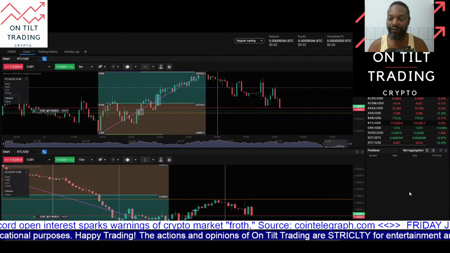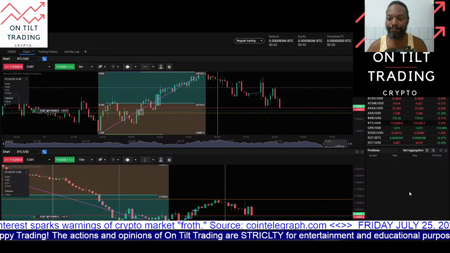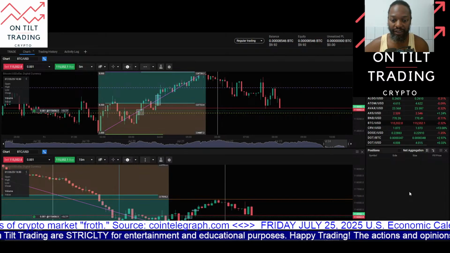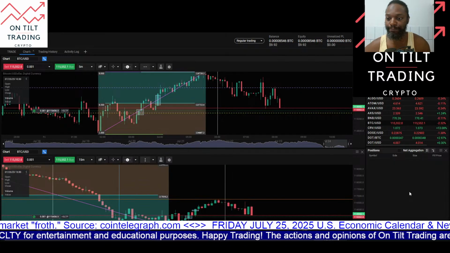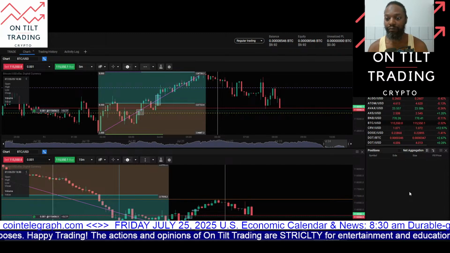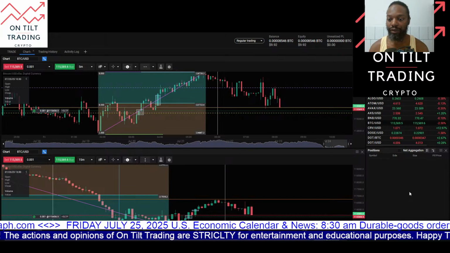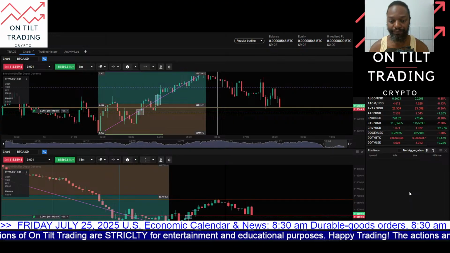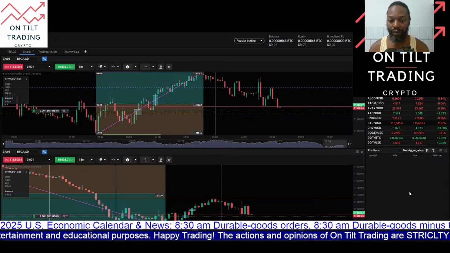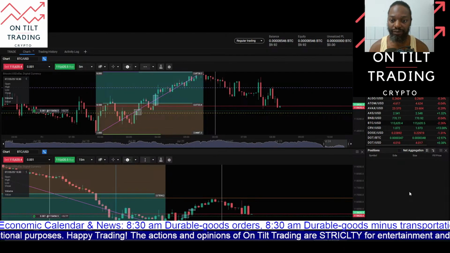Trading near the 115,550 level currently. Seeing sell side delivery in this 5 and 15-minute candle. Consolidation here. And new 5 and 15-minute candles.